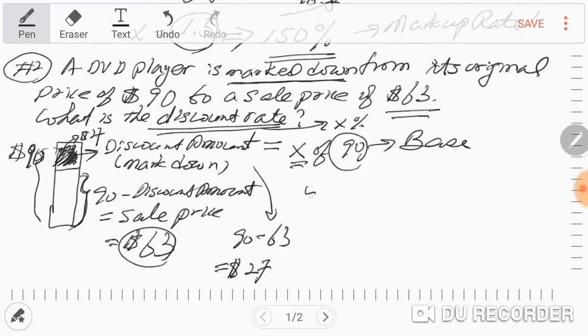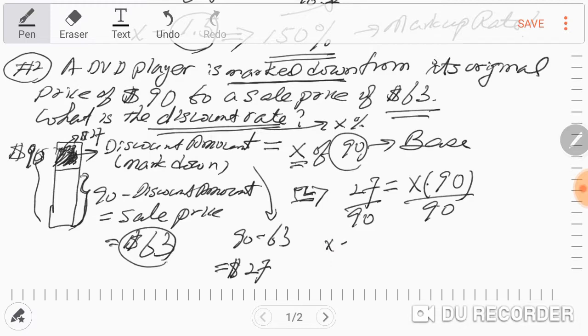Then let's write an equation using this information. So the discount amount is $27, and this $27 is X percent of $90. Then let's find X. So divide each side by 90.